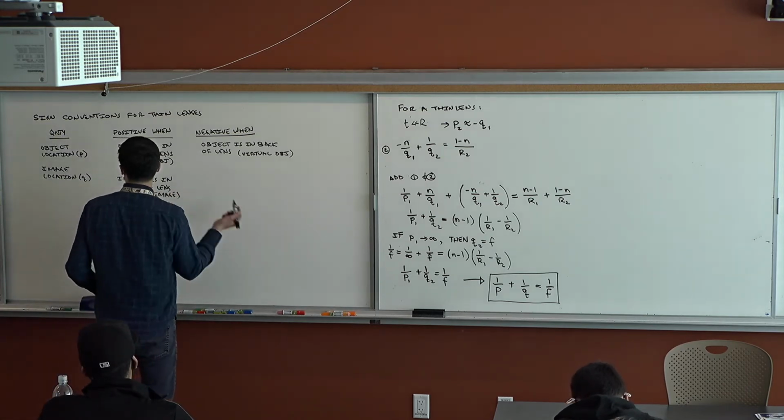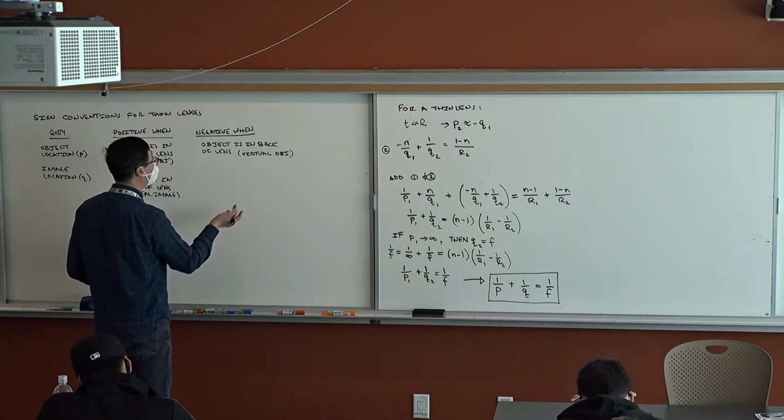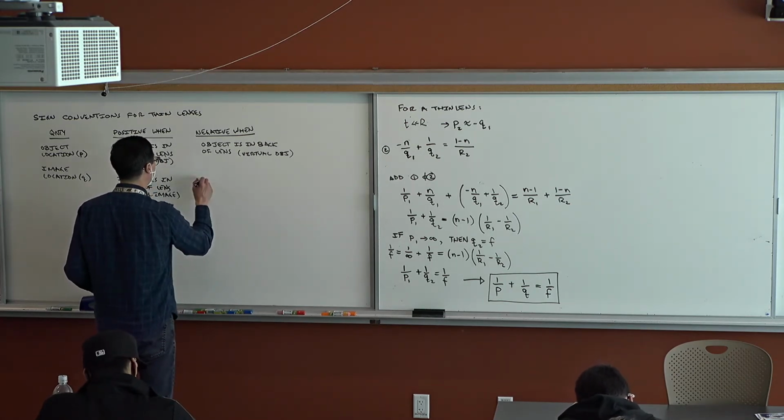And it's a negative image location if the image is in front of the lens, a virtual image.